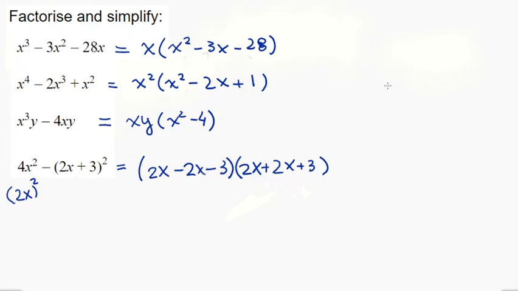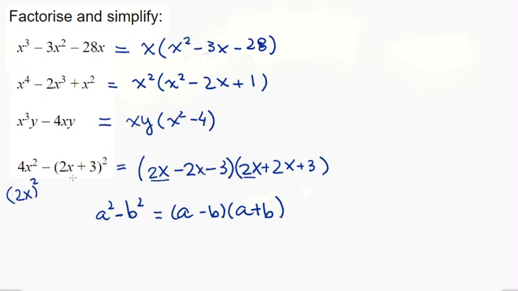What have I done here? Well, if you remember, a squared minus b squared, that's our difference of squares. That's a minus b times a plus b. So that's what I've done. A in our case is 2x. So 2x here and 2x here, that's our a's.